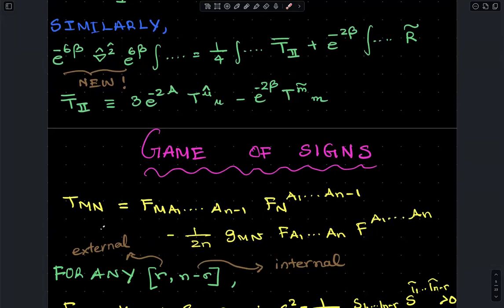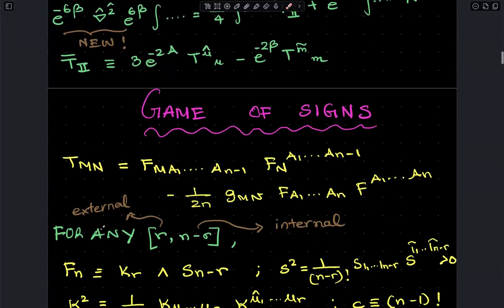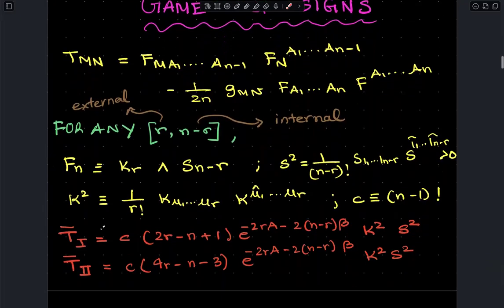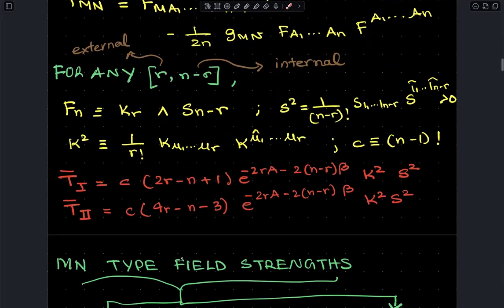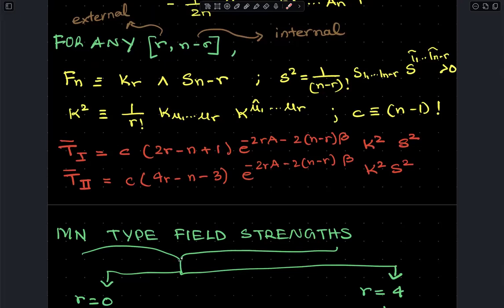If we have an n-form flux with r legs in the external space and n minus r in the internal space, this gives a contribution to our T_i and T_ii bar as such, where C is this constant. With this at hand, let's see what type of contributions, positive or negative, we generate.